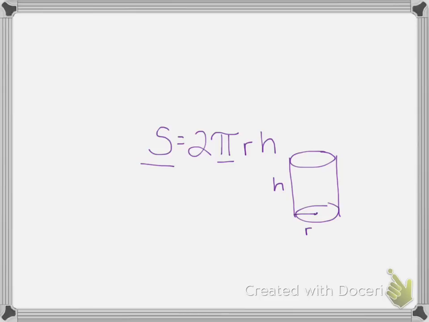And the formula is telling me if I multiply 2 pi, R and H, nope. Where's the R squared? If I was going to find surface area, I would need to square something in order to get those circles.